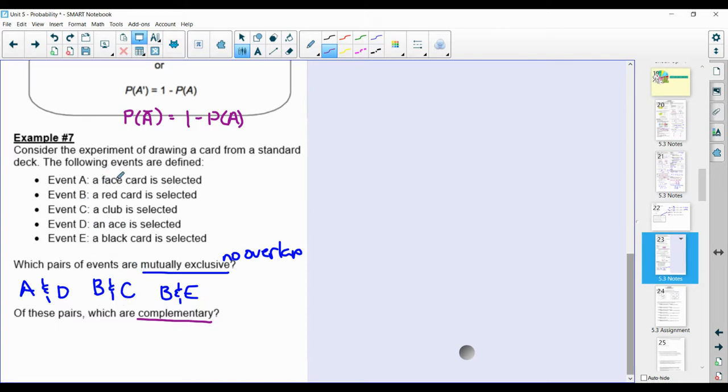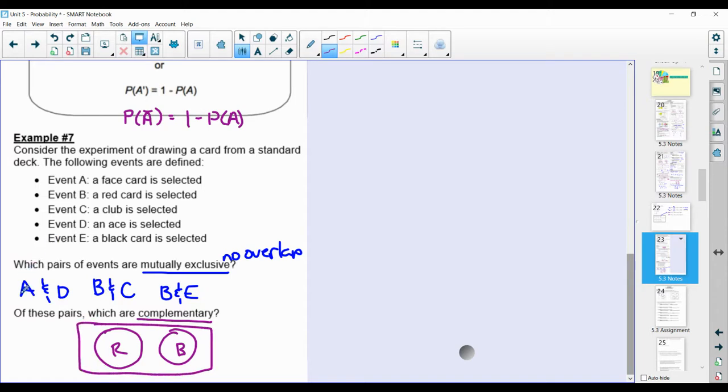B and C, a red card and a club. Well, red clubs aren't possible, but if I draw my Venn diagram, not everything's going to fit into those two circles. But for the last one, a red card and a black card, well, if I were to draw a Venn diagram of this, all of my red cards would be in one event, all my black cards would be in the other, and those are the only possible outcomes.